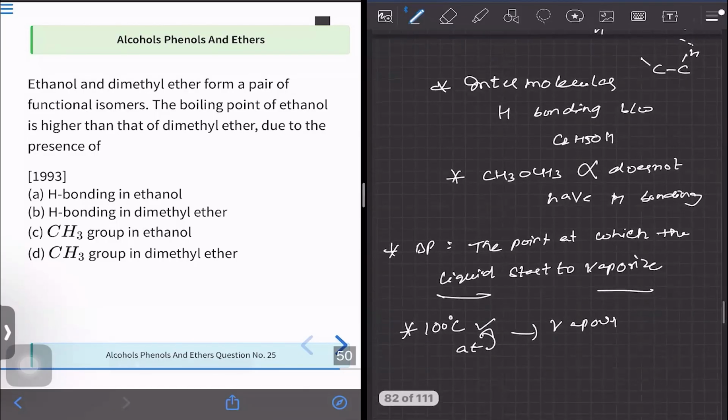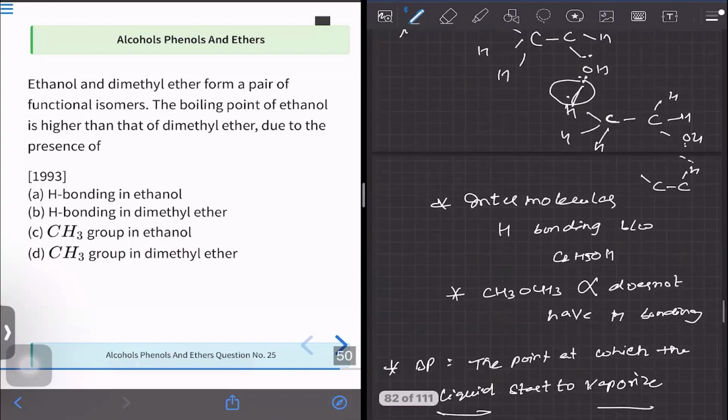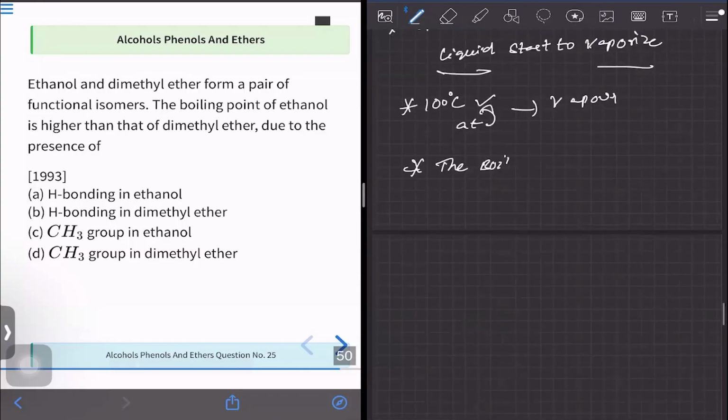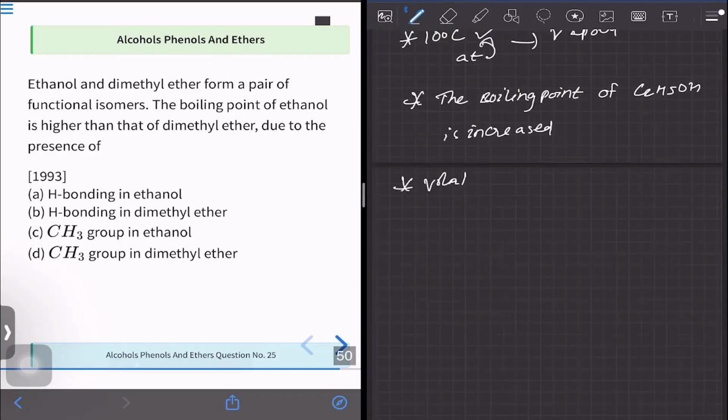See, due to the presence of hydrogen bonding, the boiling point of C2H5OH is increased. When the molecule is free, it evaporates fast. So we all know that alcohols are volatile substances.